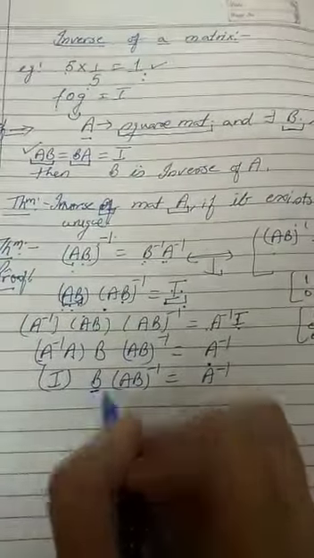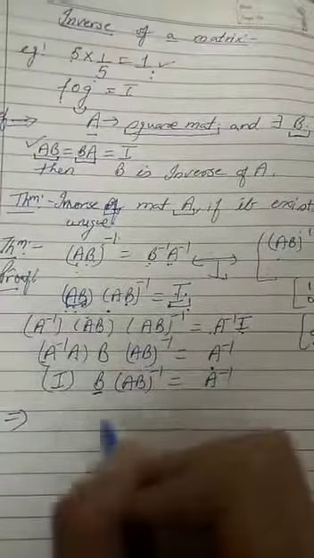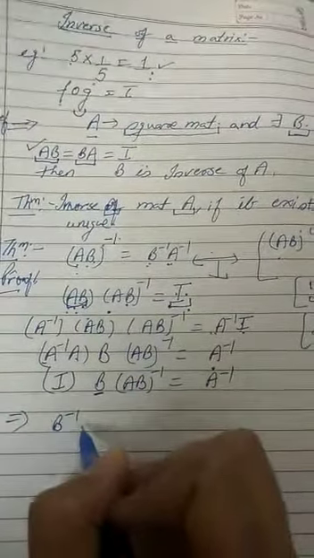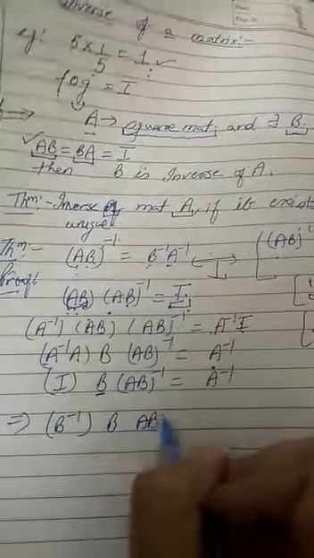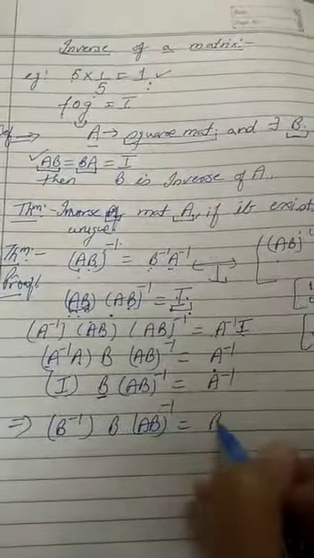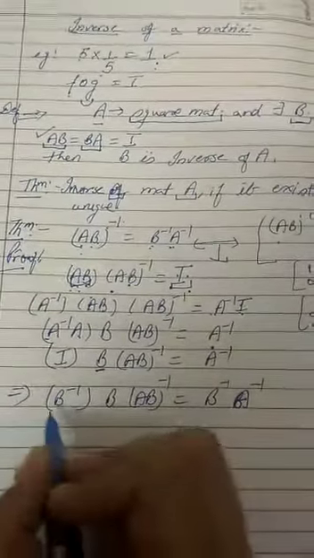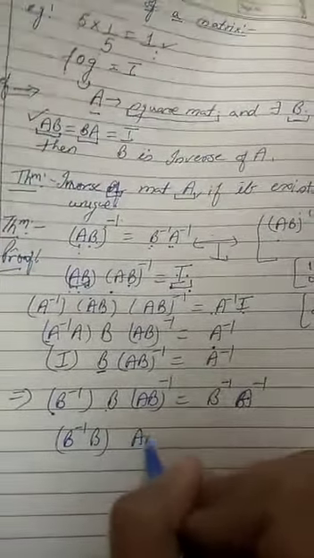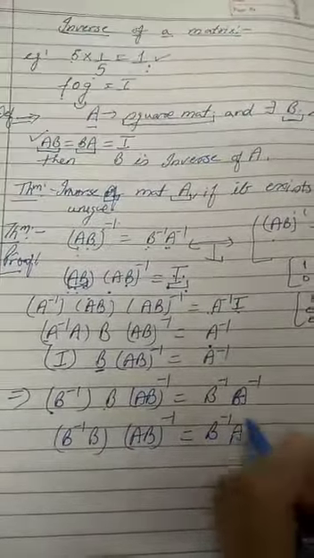Now B is left, so we pre-multiply both sides by B inverse. Pre-multiply means once again B inverse will be written in the beginning. So B inverse into B we write together, and here it will be AB inverse, and this is equal to B inverse A inverse.